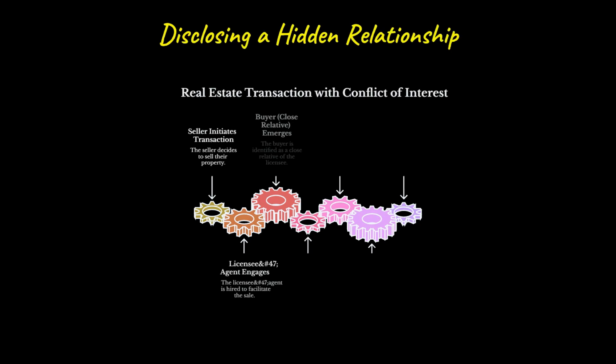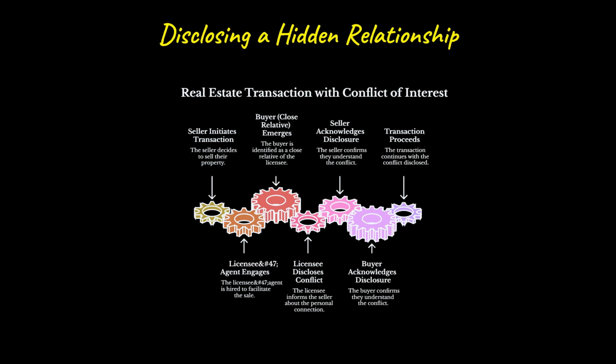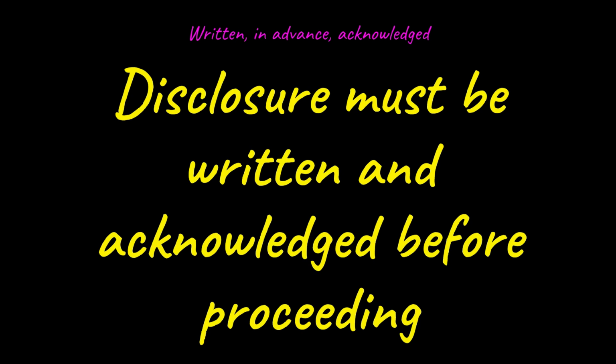Picture a listed property where the seller doesn't know the buyer is the listing agent's brother. Before the deal can move forward, the agent must put that relationship on paper and secure everyone's signed acknowledgement. Remember, silence, a verbal aside, or the license itself are never enough. Only written disclosure and written acknowledgement made before proceeding satisfy the rule.